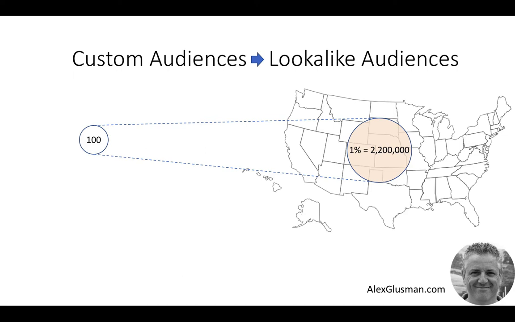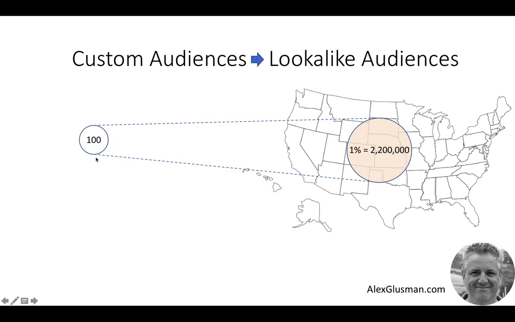We also talked about how we can create lookalike audiences based on custom audiences, and that the minimum size of a custom audience has to be 100 people. If we base it on the US population and select 1% for the lookalike audience, that will give us 2,200,000 people that we can target with very similar characteristics to the ones in our custom audience.